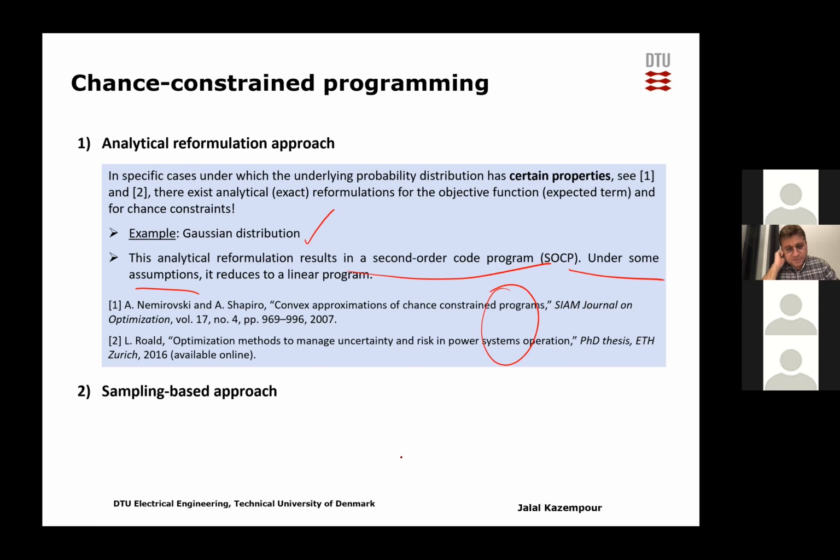Also, there are many references, many papers in the last 2-3 years that implemented chance constraint programming with analytical reformulation, assuming that the underlying probability distribution has certain properties.